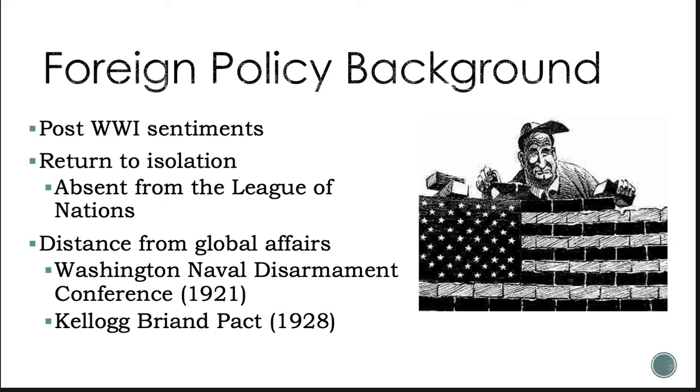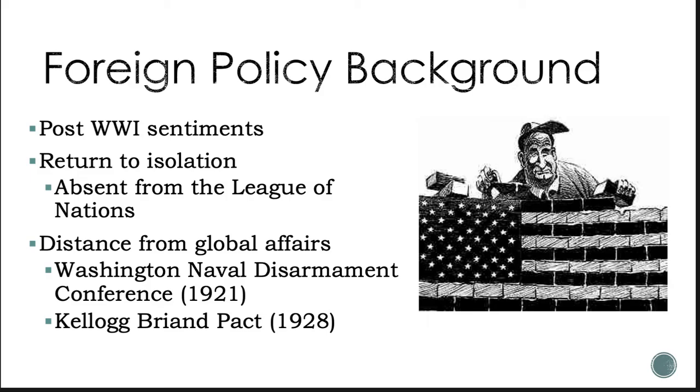And the next piece that we try to push ourselves away from these global affairs is the Kellogg-Briand Pact in 1928. This is going to be where we see nations coming together to make a pact to outlaw war.